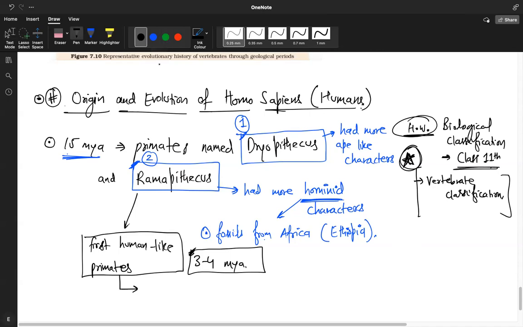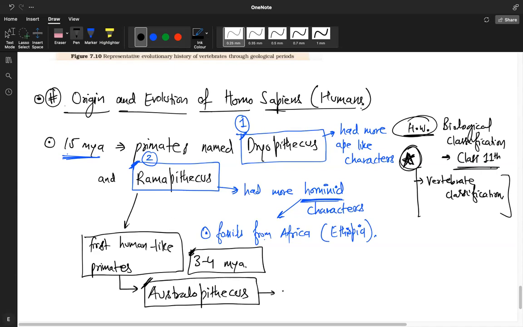And from here came Australopithecus. So this name came, Australopithecus. Still, it is human-like. It is not human. Otherwise, if it was a human species, we would have said Homo, but it's Pithecus, just like Dramapithecus.